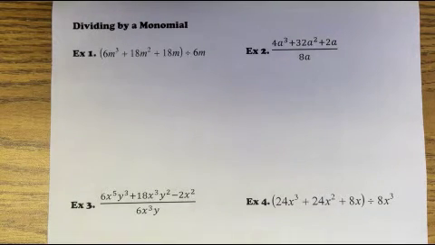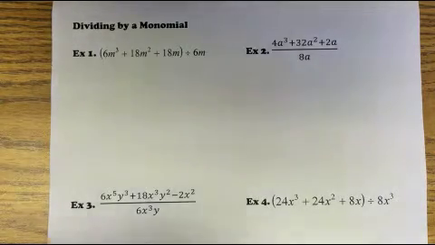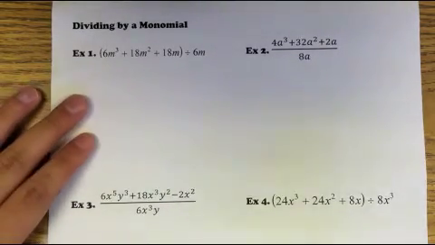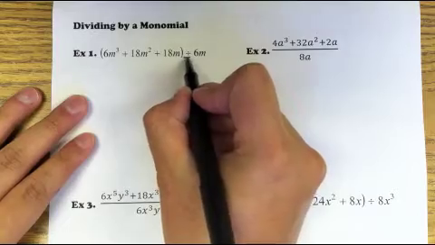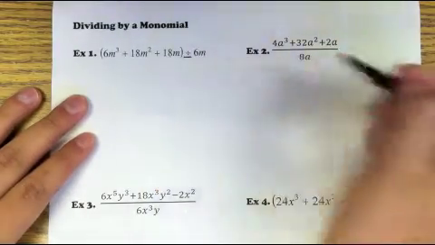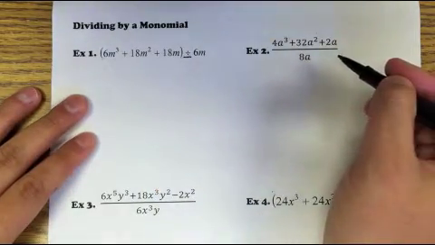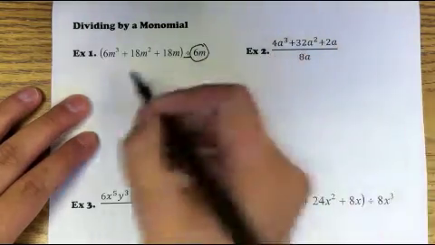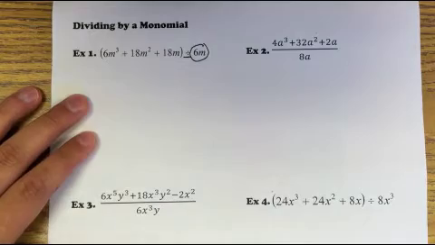Step one says to rewrite. I suggest doing this. If you get good enough that you don't need this step, then you don't need to use it, but I like to do this. When it's written with the division sign, I like to take this and put it underneath every single term in the polynomial.